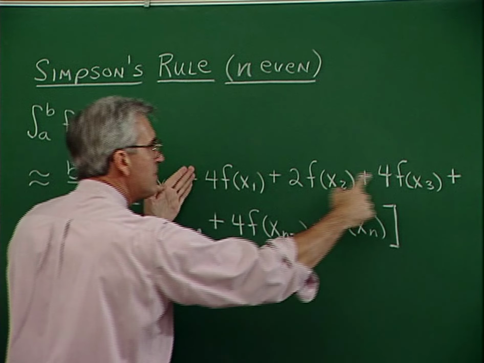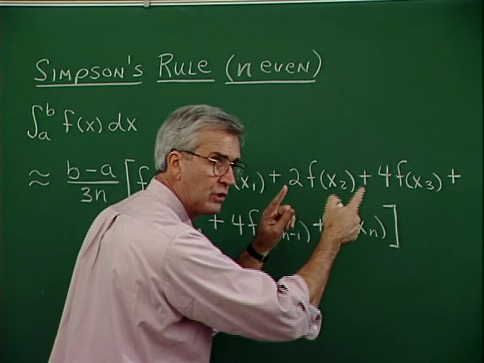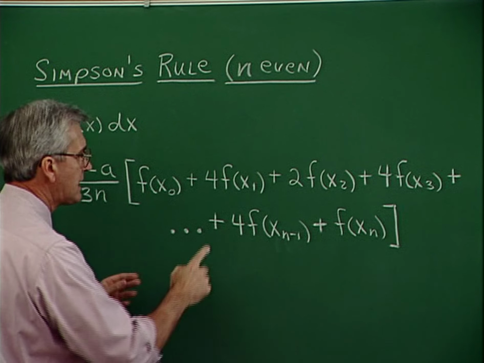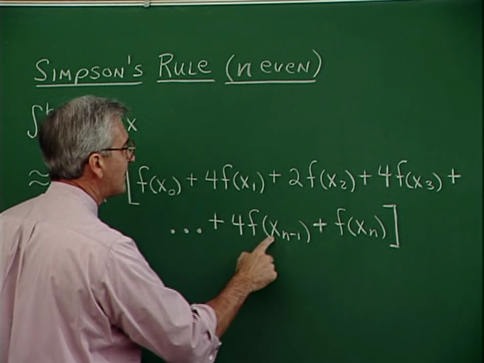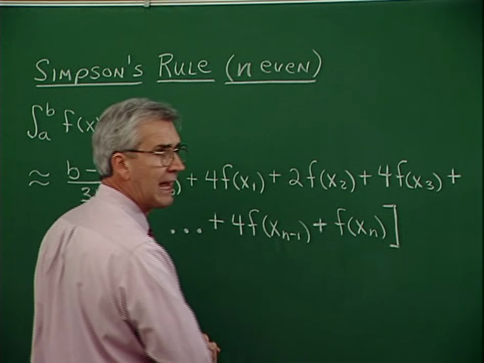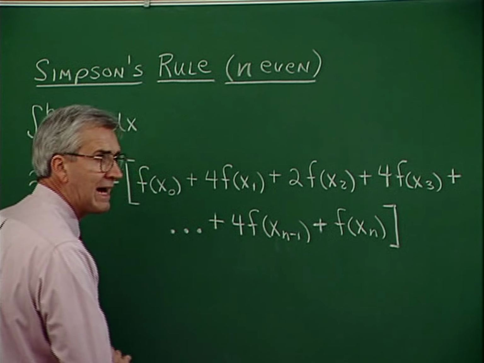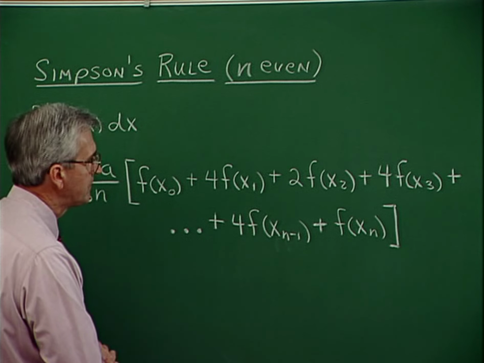And in the middle steps here, it's 4, 2, 4, 2, 4, 2, 4, 2 as coefficients until you get down to the end, and it's 4 f of x sub n minus 1 plus f of x sub n. And the x sub n would be the right bound of the interval.